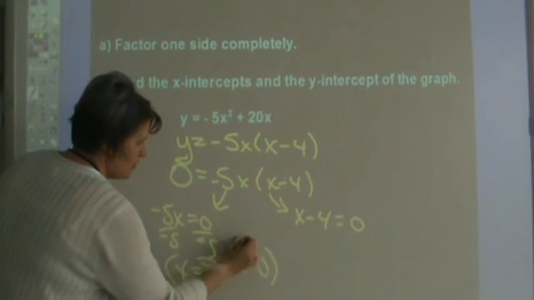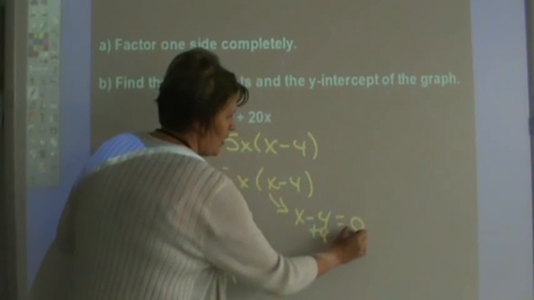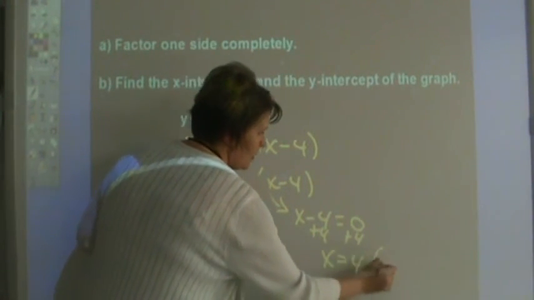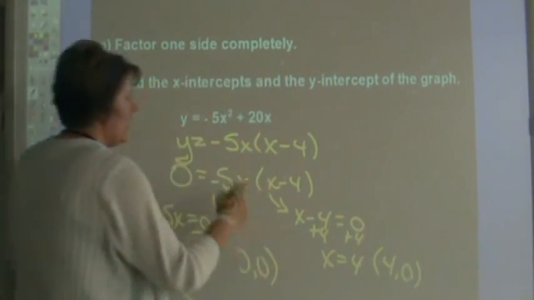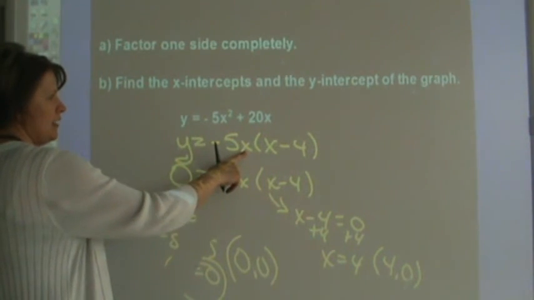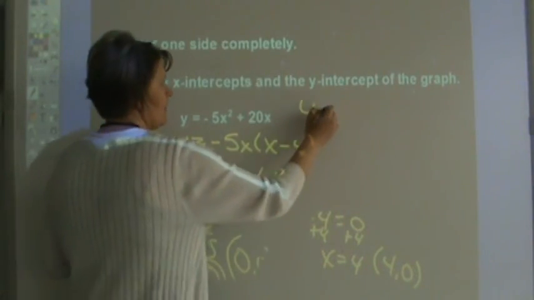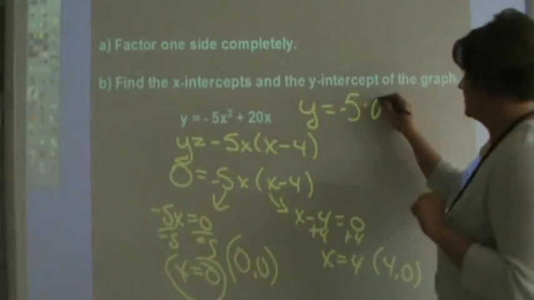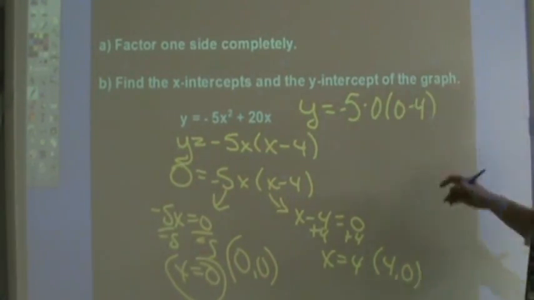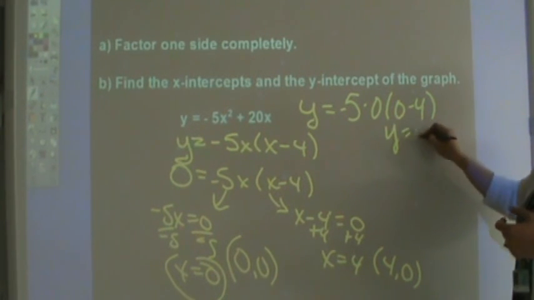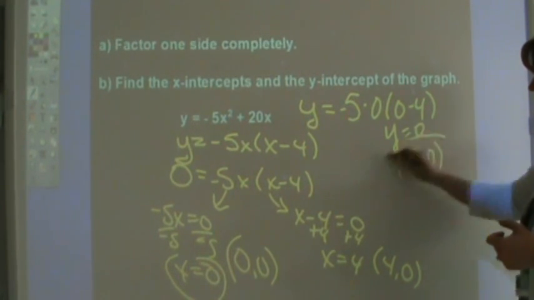So 0, 0. Or I add 4, x equals 4. So 4, 0. And then if I put 0 in for x, negative 5 times 0, 0 minus 4, 0 times 0 is 0, so y equals 0, so again, 0, 0. Okay?